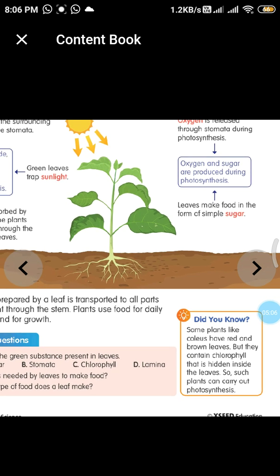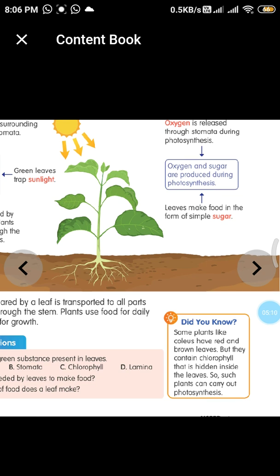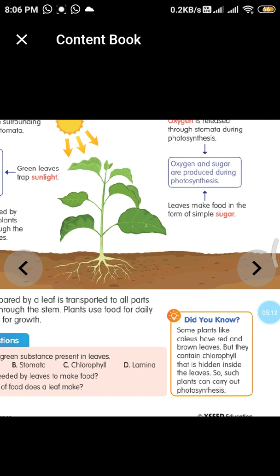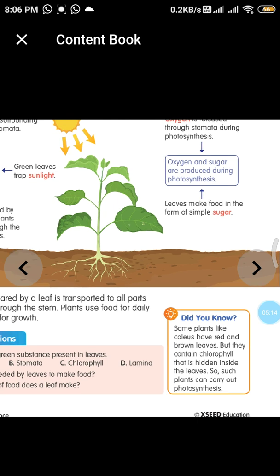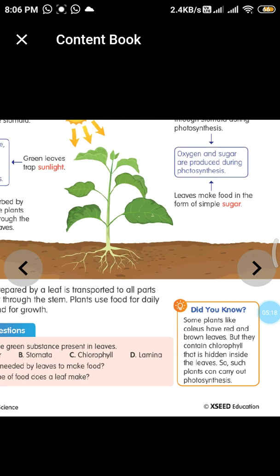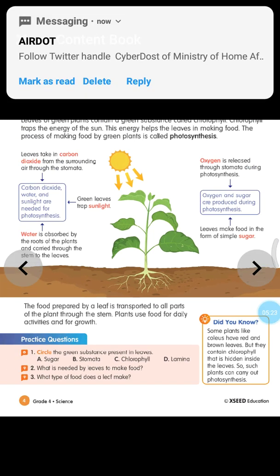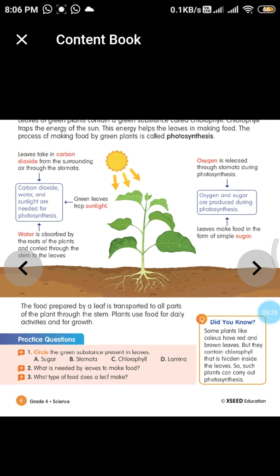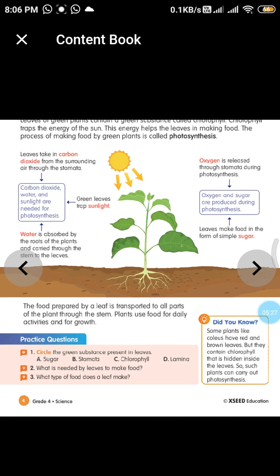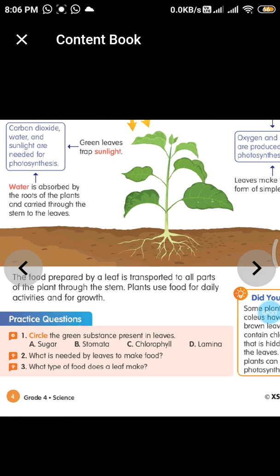That oxygen is very essential for us to live on planet Earth. Oxygen and sugar are produced during photosynthesis. So finally leaves make sugars by the process of photosynthesis. Understood, children? This process is known as photosynthesis.